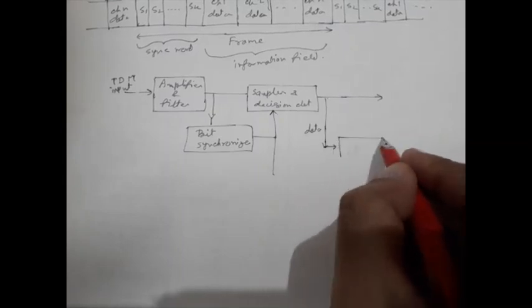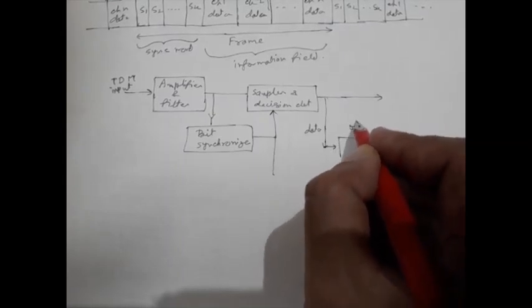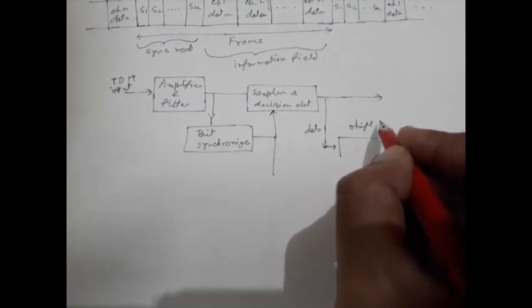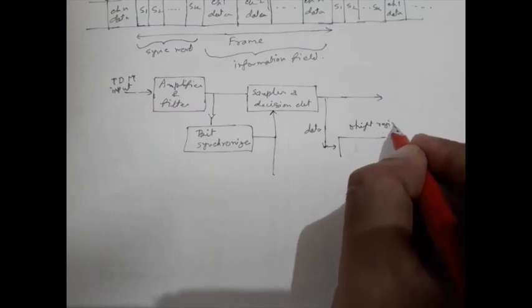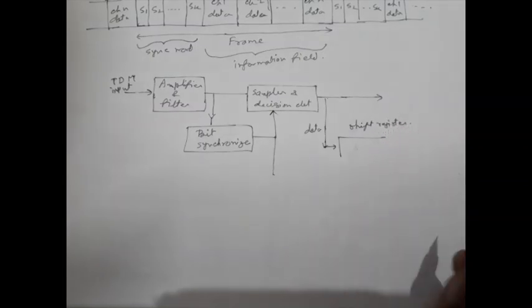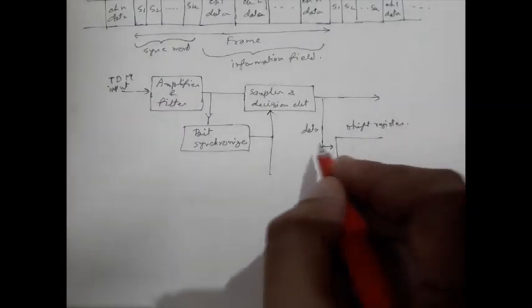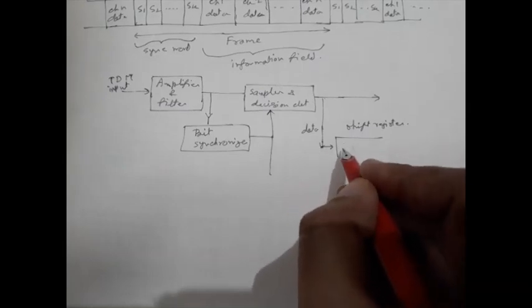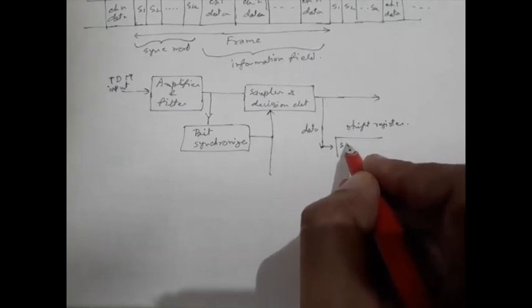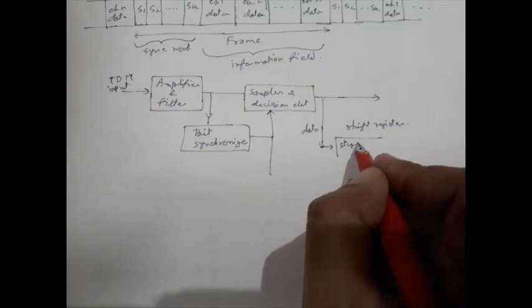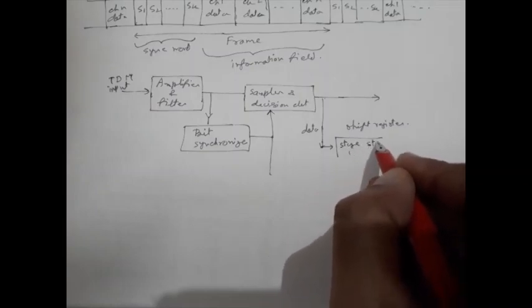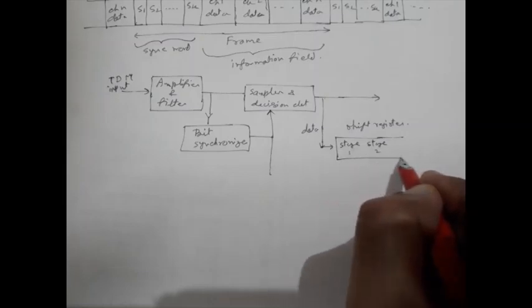That data is passed through serial shift registers. This is the first one, this is the second one, and the number of shift registers must be k, because we have chosen k bits of sync word.